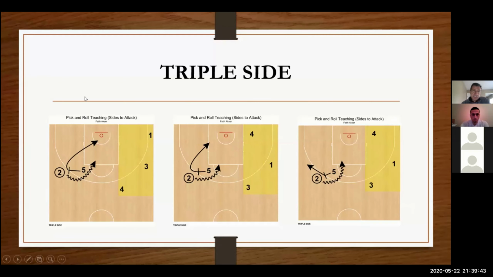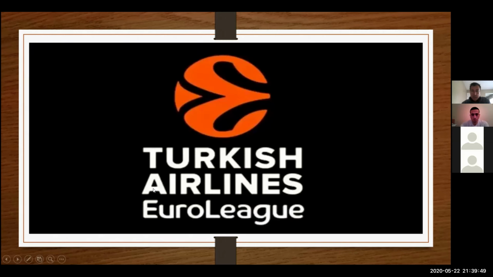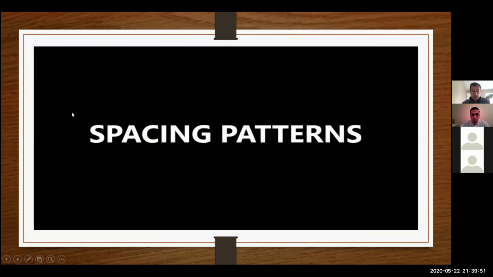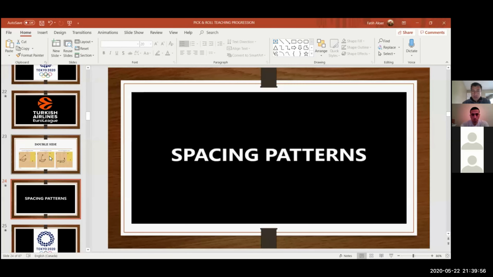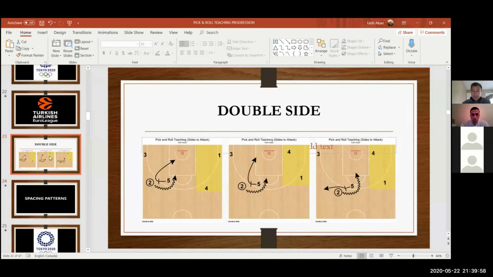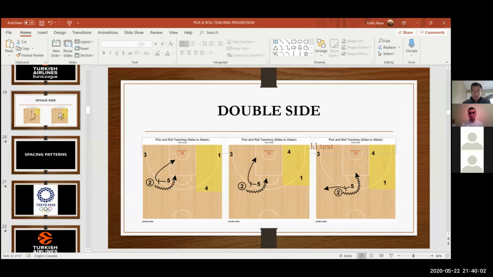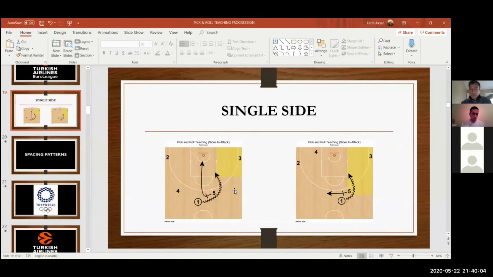So let's say triple side, non-shooters. Okay. I think this is way better, this one.